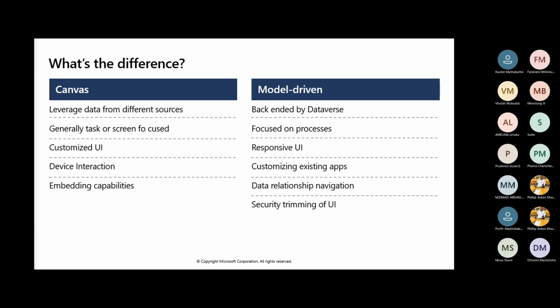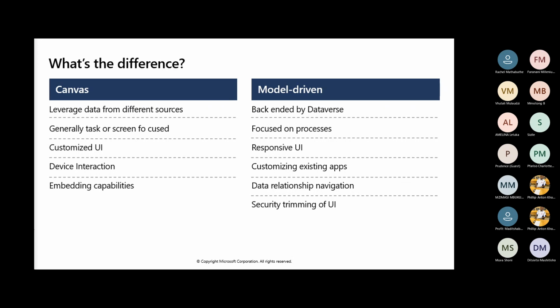And then on model driven app, we have customization of existing applications. And then Canvas app, we have the embedding capability. So you can embed it within another app. You can embed it within SharePoint. You can embed it within your own custom application.